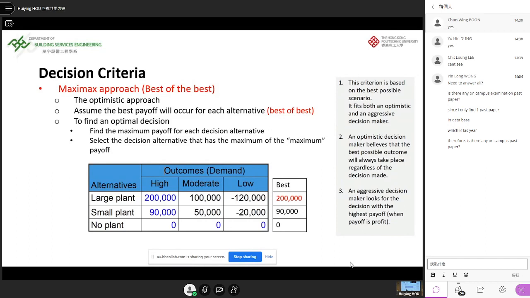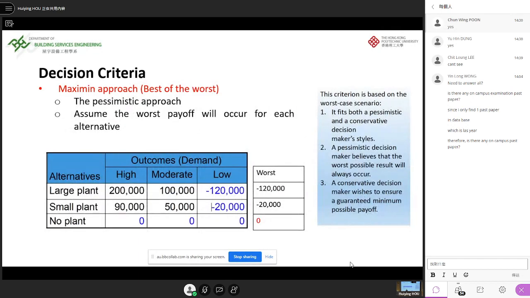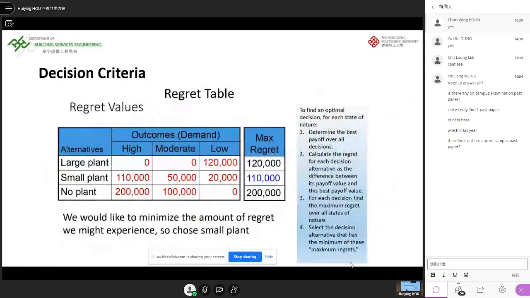The maximax approach was developed for individuals who are optimistic about making decisions, while the maximin approach was developed to suit people who are pessimistic and very conservative. So you need to know the rationale, and also how to identify the best decision outcome based on the payoff table using these five approaches.